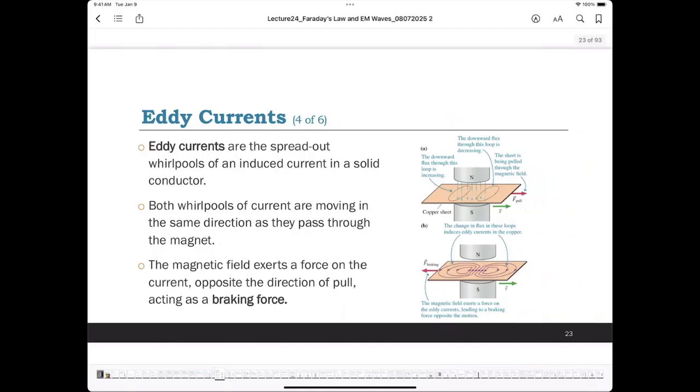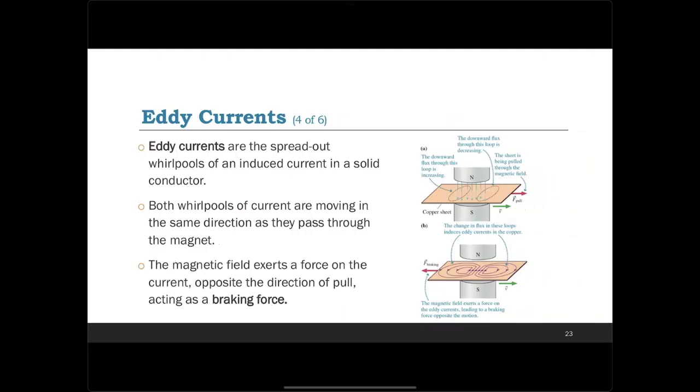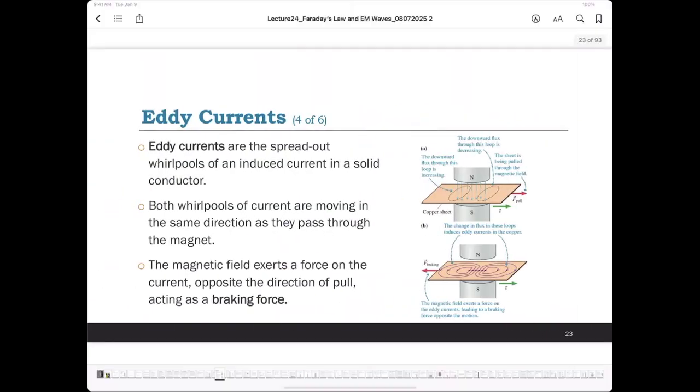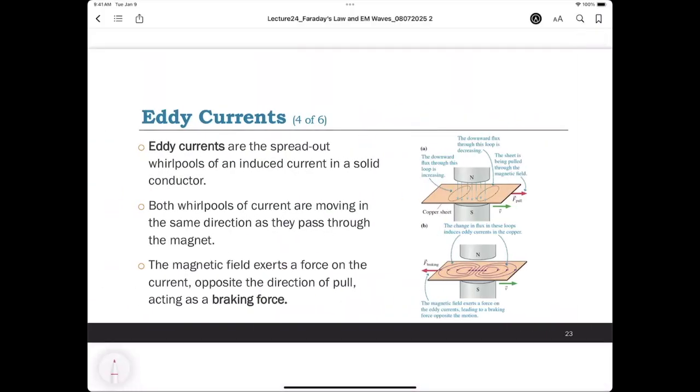We call this current eddy currents. Because those currents are moving in the same direction as they pass through the magnet, the magnetic field exerts a force opposite the direction of pull, acting like a braking force. That makes sense to you.